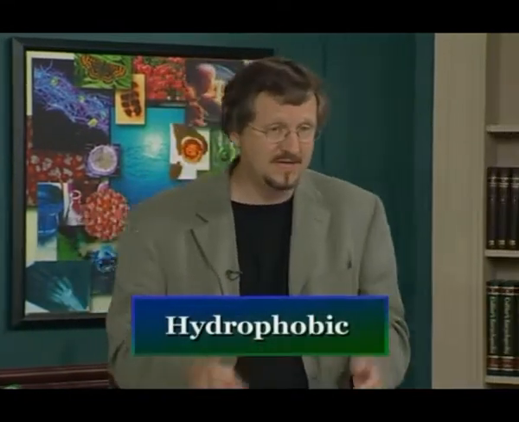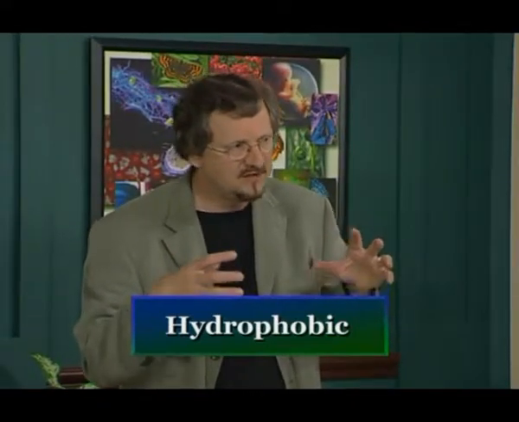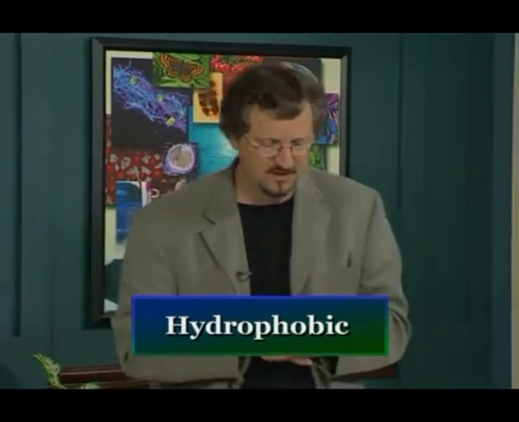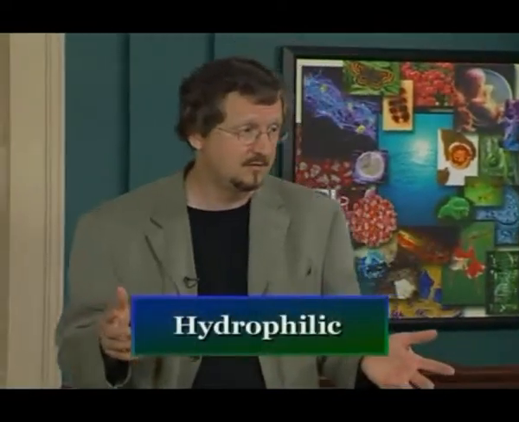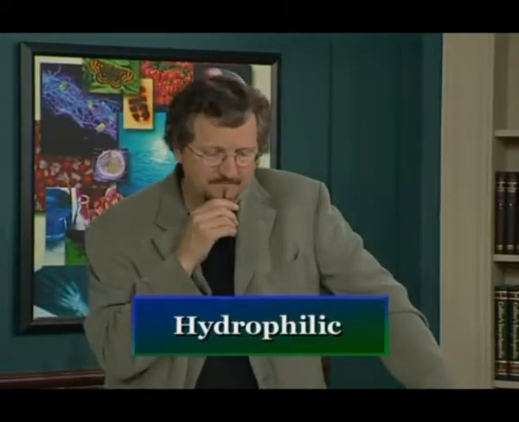Some amino acids are what we would call hydrophobic. Literally, that means water-hating. That means that the side chains of these amino acids don't play well with water. They're actually repelled by water. Now, other amino acid side chains are what we would call hydrophilic, literally water-loving. And these, therefore, will be attracted by water.